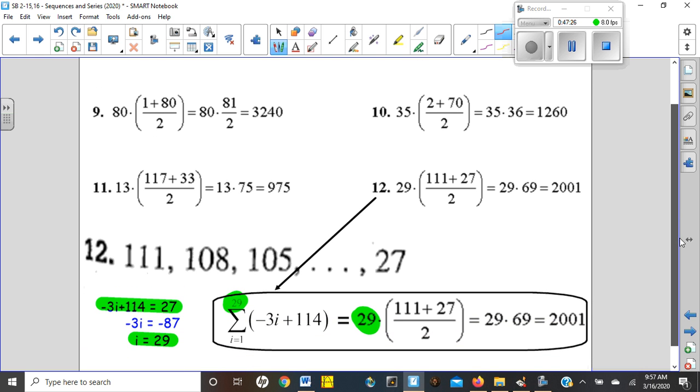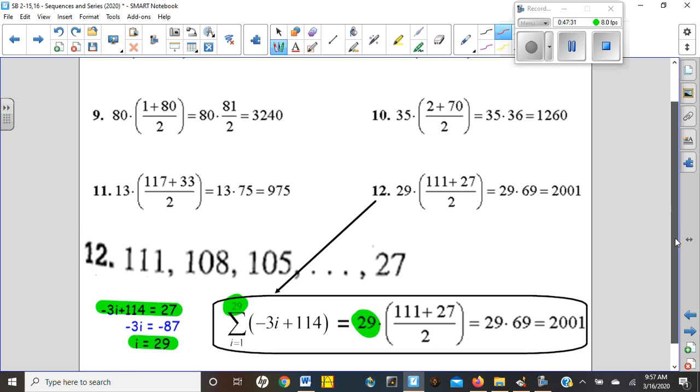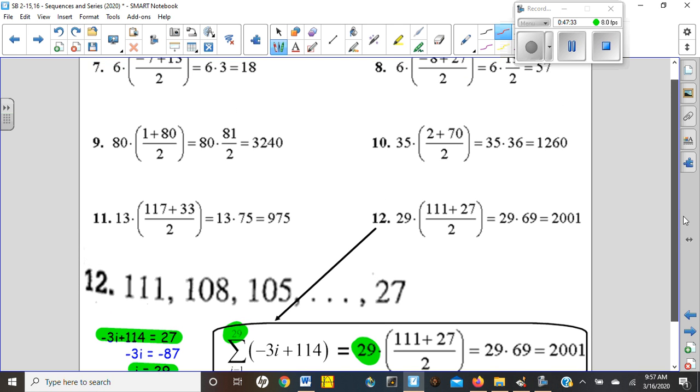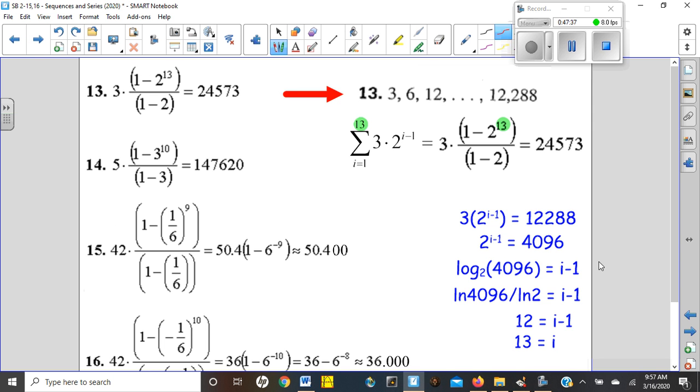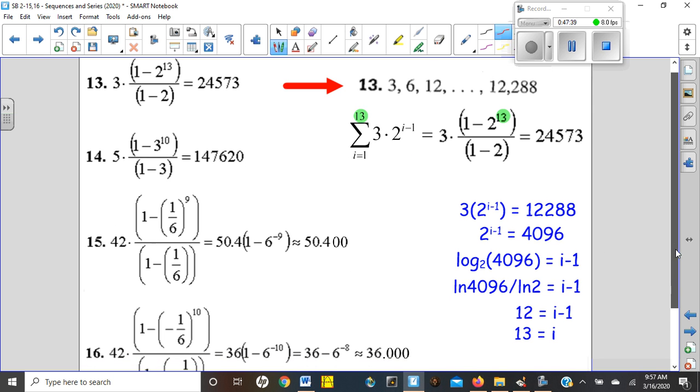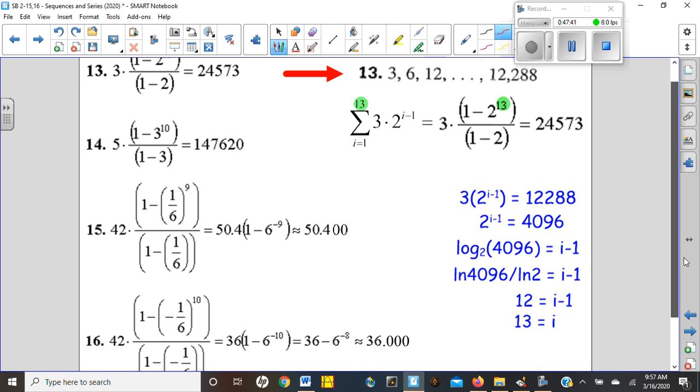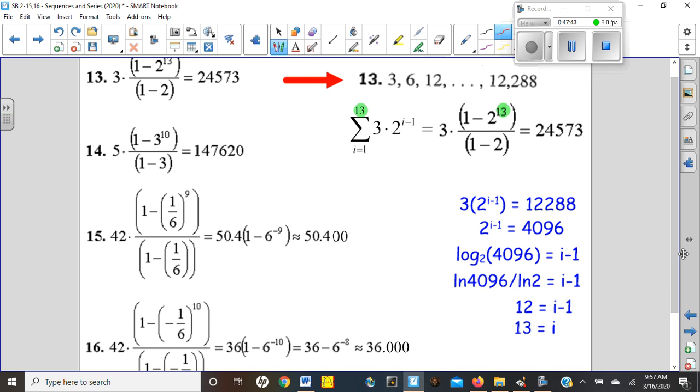There's the work shown for number 12, in case you wanted to see how that broke down. Okay. And finally, here's the fun ones, the last 4, with a little bit of work shown on those. Once again, we'll be available for more questions on Wednesday.